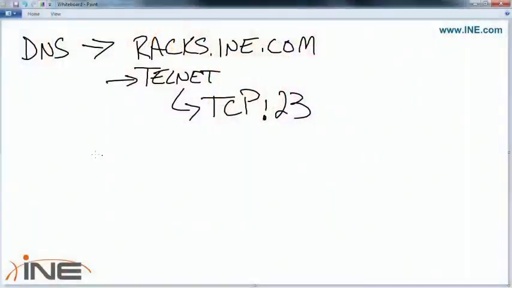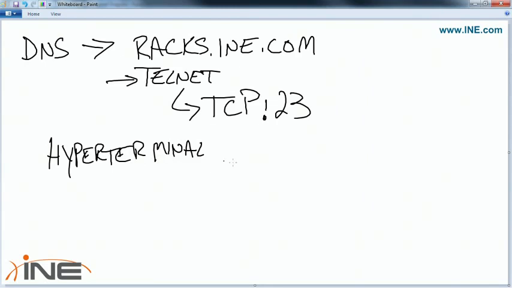This could be as simple as the Windows, Linux, or Mac OS command line that runs the telnet process, or we could run what's known as terminal software. Some of the common terminal software would be HyperTerminal, which was one that originally came with Windows.